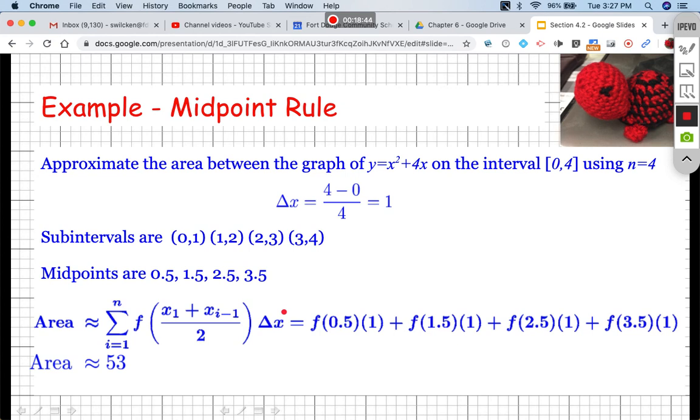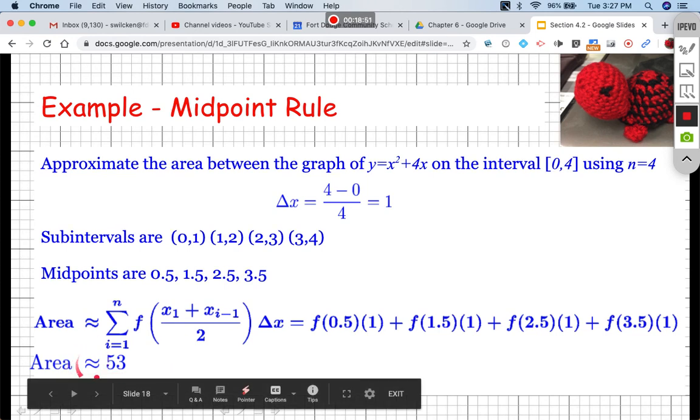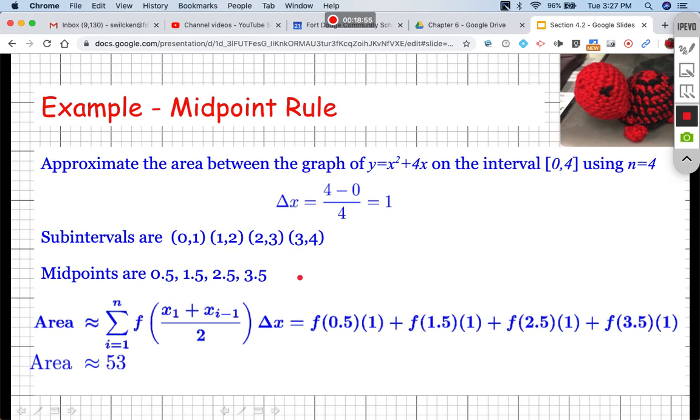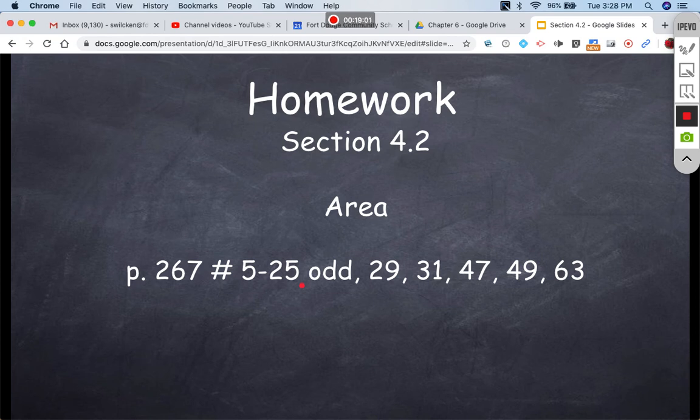We can often do this, and the error kind of averages out. And again, it's not going to be exact. It's an approximation. But this is another way that we can approximate this area between the curve and the x-axis. So here are your problems that you can play around working with this. Enjoy.